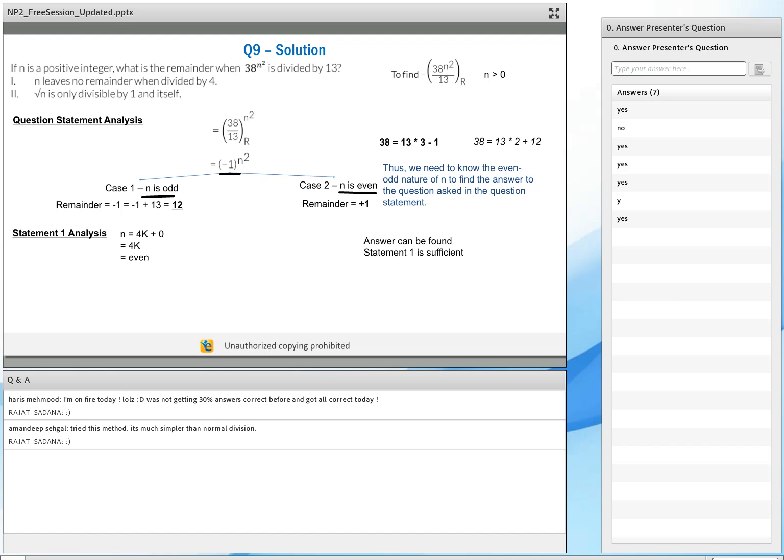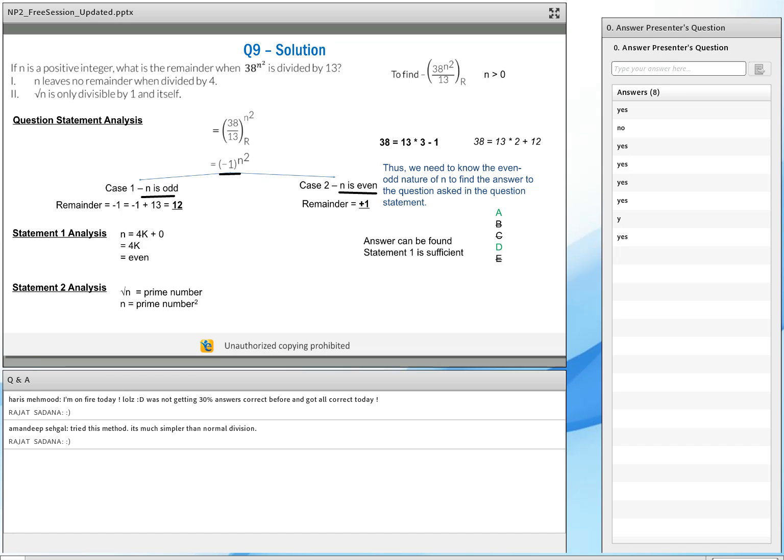Now let's look at statement 2. After this we are left with choices A or D. Statement 2 says square root of n is only divisible by 1 and itself. In other words, this is saying that n is a square of a prime number.